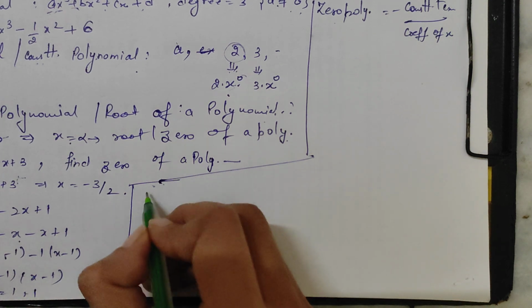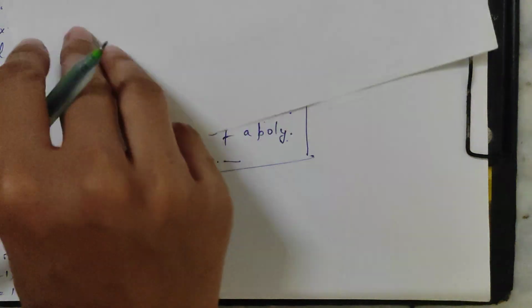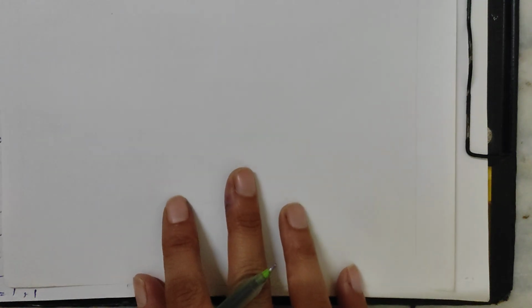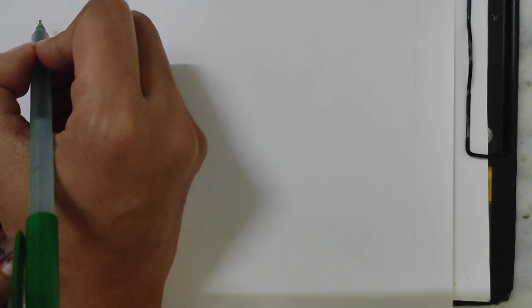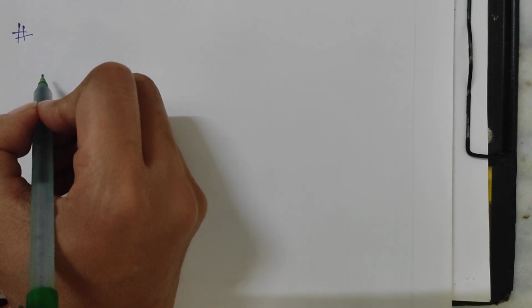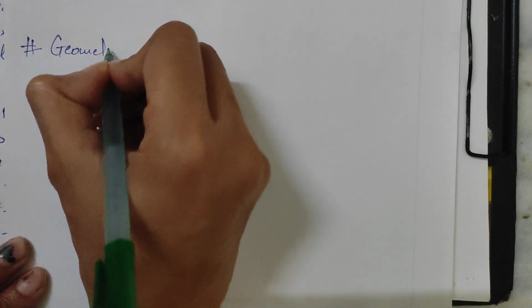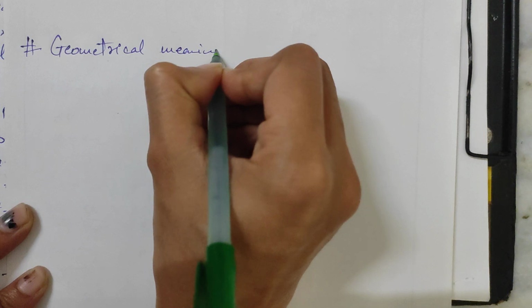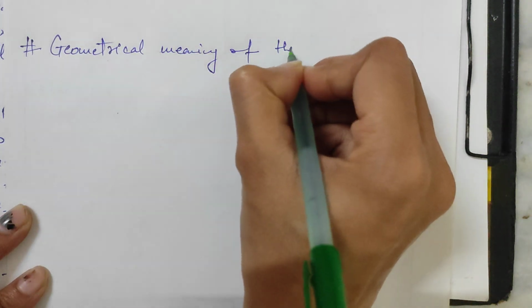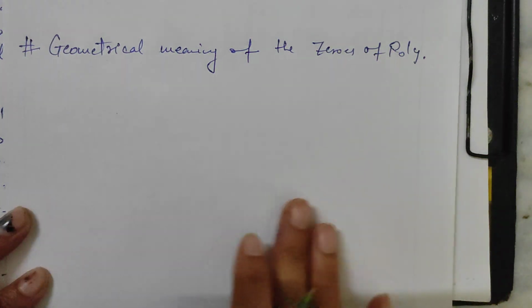That is a linear polynomial. Geometrical meaning of the zeros of a polynomial. Now what does it mean?